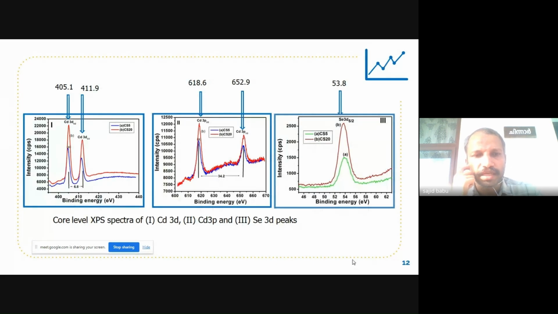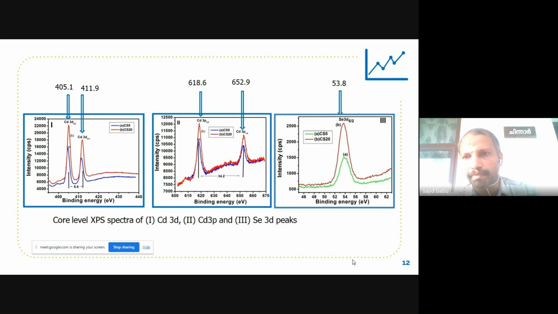These are the core level peaks for Cd 3d, Cd 3p, and selenium 3d. For Cd 3d, we have got Cd 3d 5/2 and 3d 3/2 peaks at 405.1 and 411.9 electron volts. For the Cd 3p peak, we have got 3p 3/2 and 3p 1/2 peaks at 618.6 and 659 electron volt.